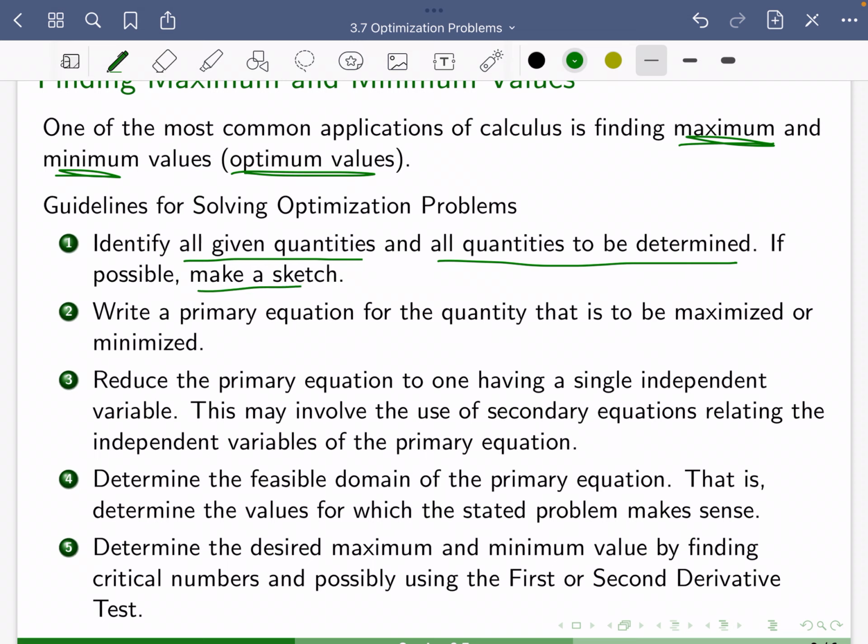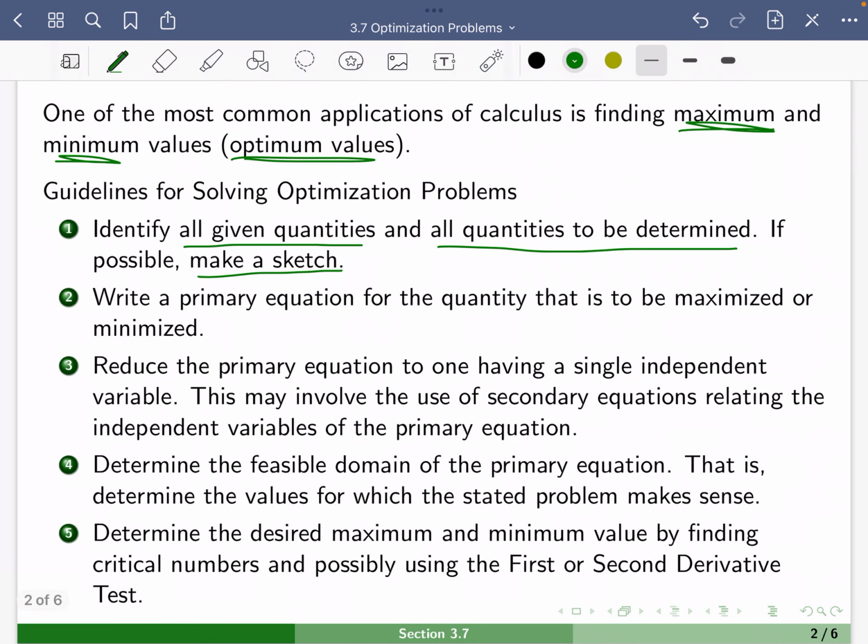If it's possible, make a sketch. I will make a sketch on the vast majority of optimization problems that I do. We want to write a primary equation for the quantity that is to be maximized or minimized. So what is it that we're actually trying to accomplish? What are we trying to maximize or minimize?